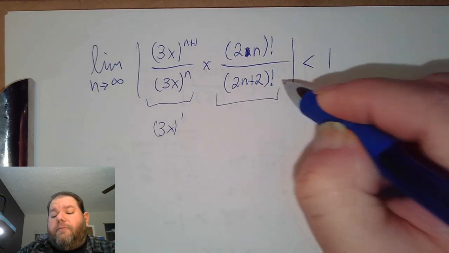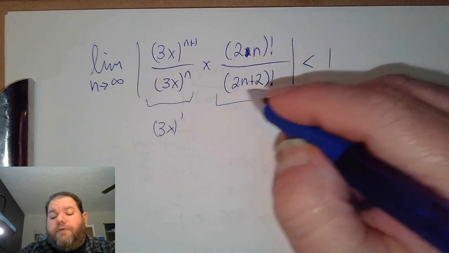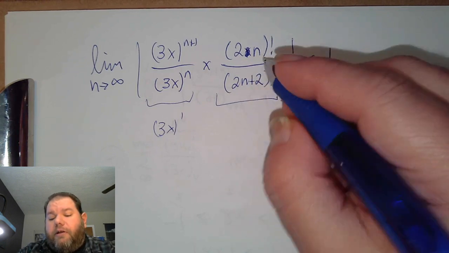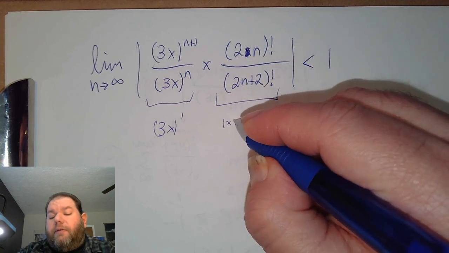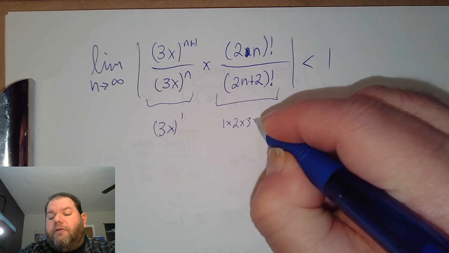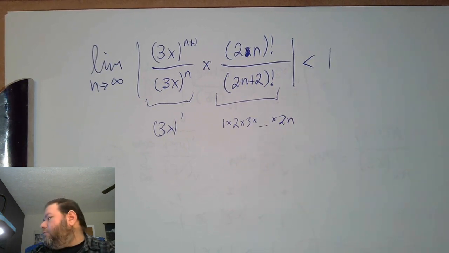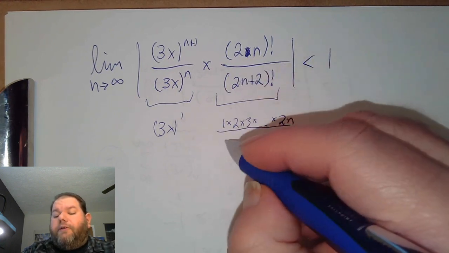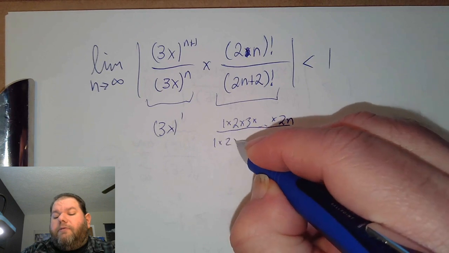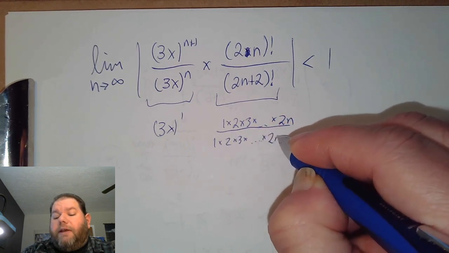And then these terms here, we have 2n factorial over 2n plus 2 factorial. Now, we know 2n factorial is 1 times 2 times 3 all the way up to 2n. On the bottom, 2n plus 2 factorial is 1 times 2 times 3, we get to 2n, but we keep counting.